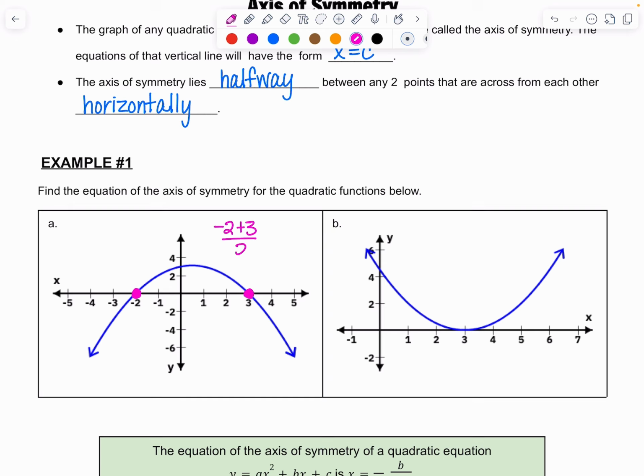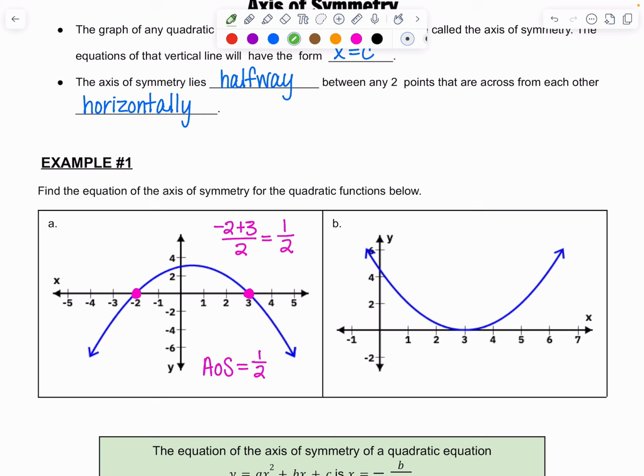If I add these x-intercepts together and then divide by 2, I will end up getting 1/2. So my axis of symmetry should be equal to 1/2.